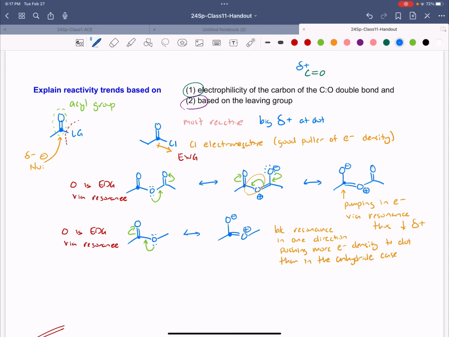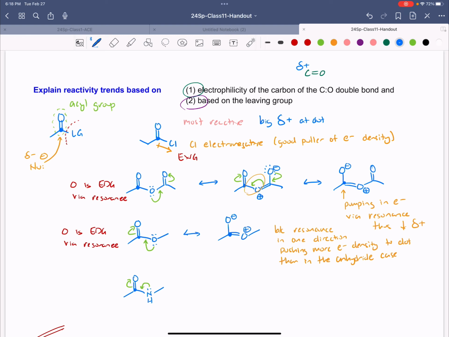Last one, right? Amides. So now we have to figure out, this has resonance for sure, but is it more electron donating or less than oxygen? So now we have an atom difference, nitrogen versus oxygen. So comparing these two, they're both pushing to the left, but one is a better lone pair donator than the other.